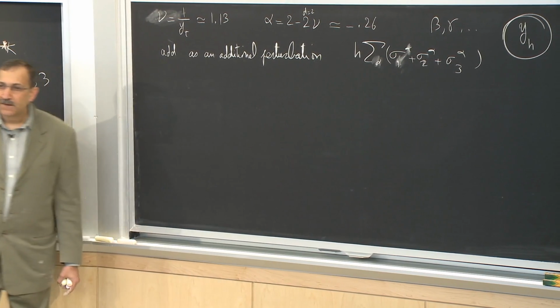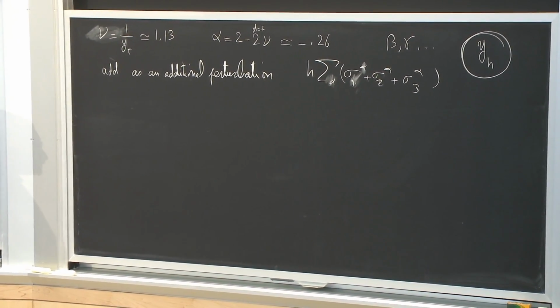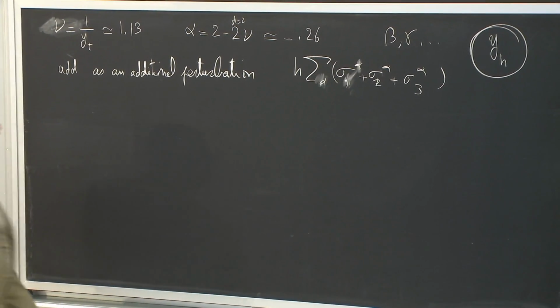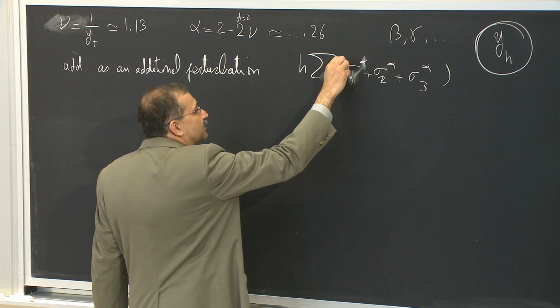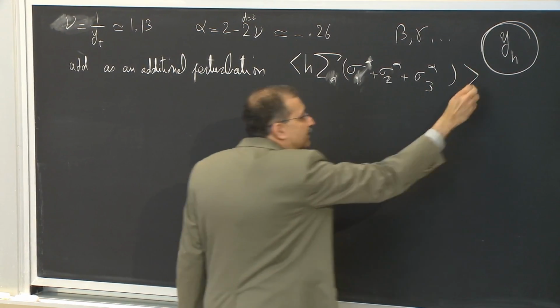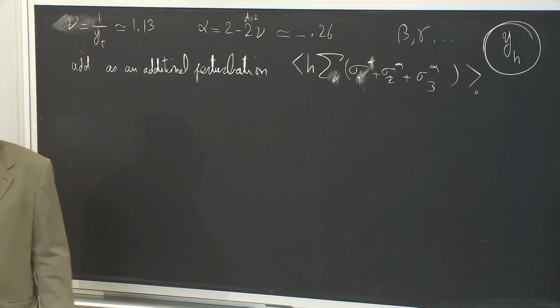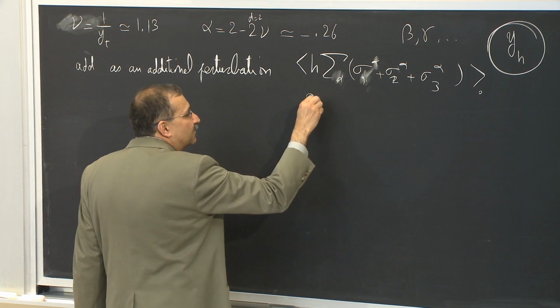Okay? And if I regard this as a perturbation, you can see that in the perturbative scheme, this would go under the transformation to the average of this quantity, and that the average of this quantity will give me 3 for each cell.